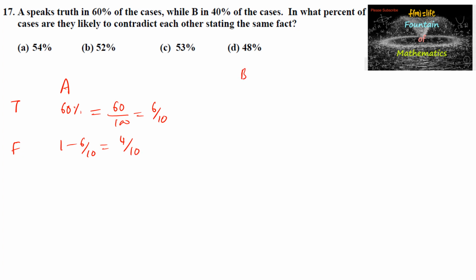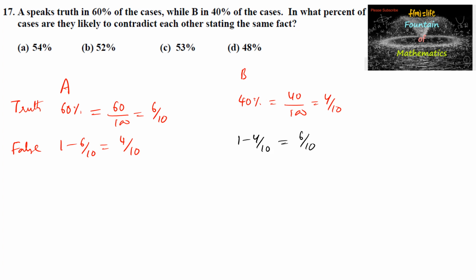Similarly for B, speaks truth is 40%, that is 40/100, that is 4/10, and speaks false is 1 - 4/10, which is 6/10.